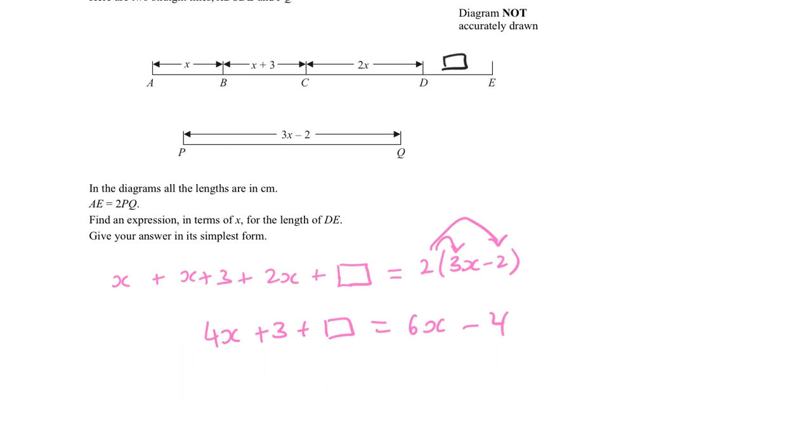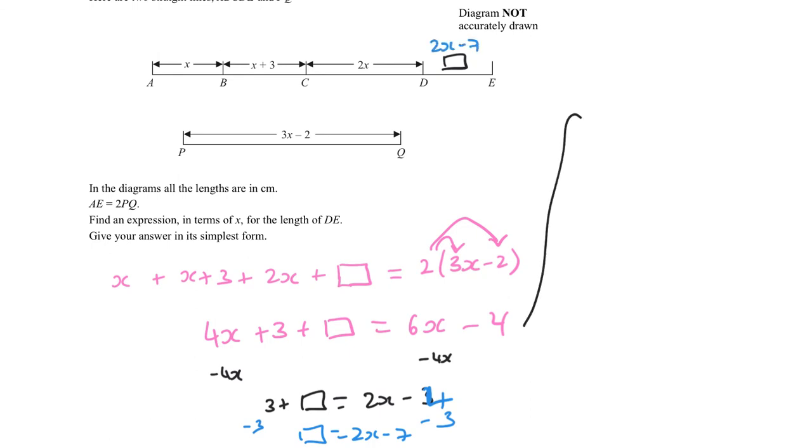Okay, way number one. I can minus 4x from both sides, so that I get 3 plus my box is 2x minus 4. And then I can take away 3 from both sides to get my box equals 2x minus, sorry, that was a 4, wasn't it? 2x minus 7. Okay, so that means this is 2x minus 7.